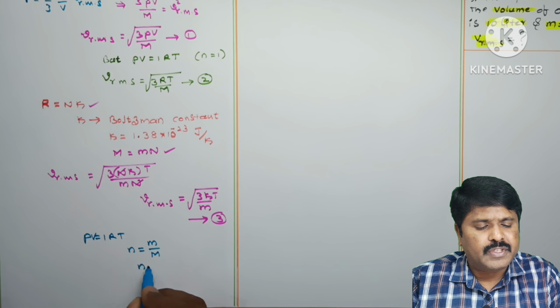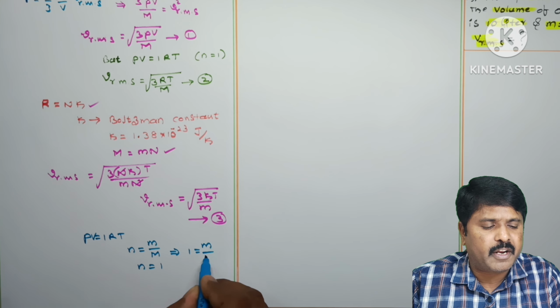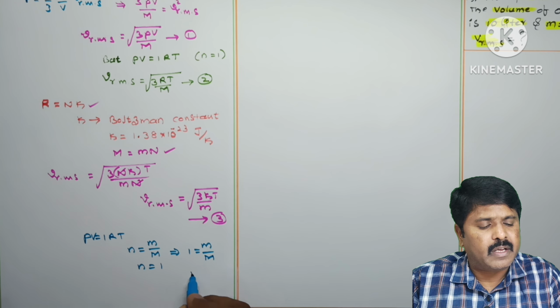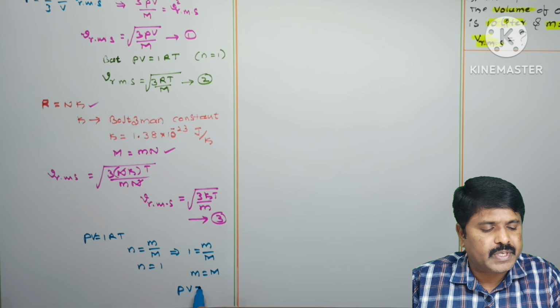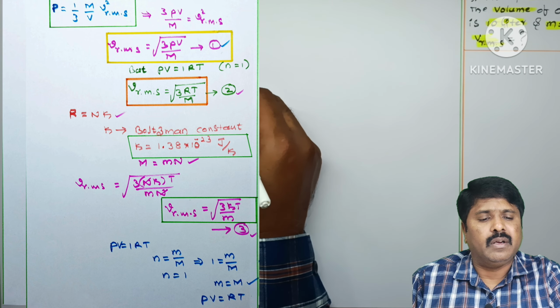So that n is equal to 1 already taken. So in this derivation I am replacing 1 with small m divided by capital M. So finally I am going to write small m is equal to capital M.